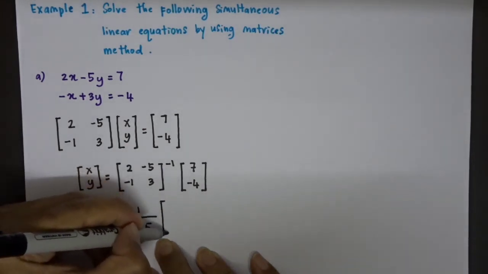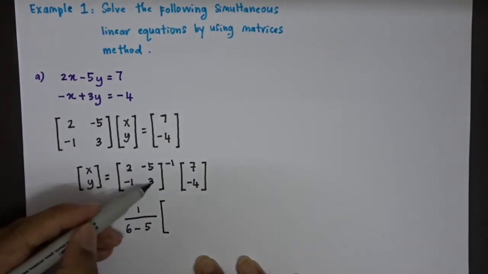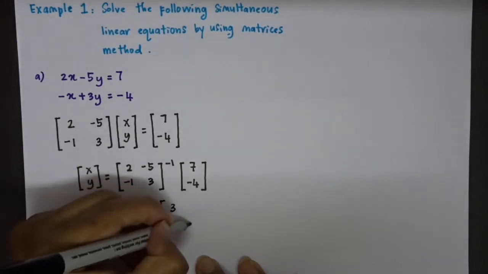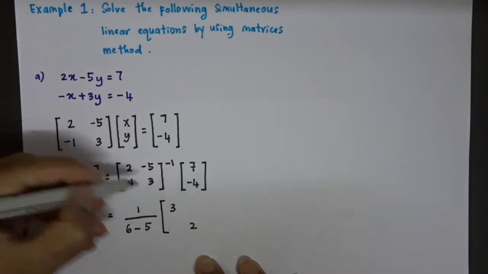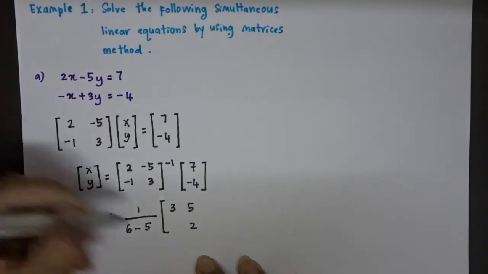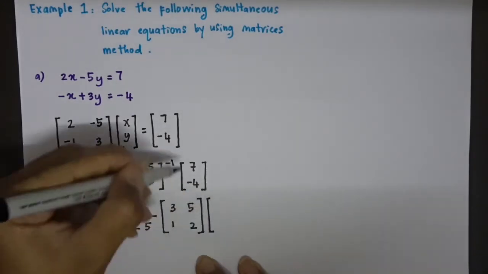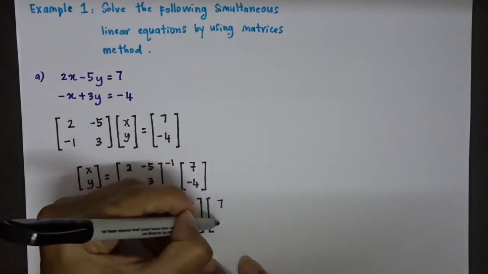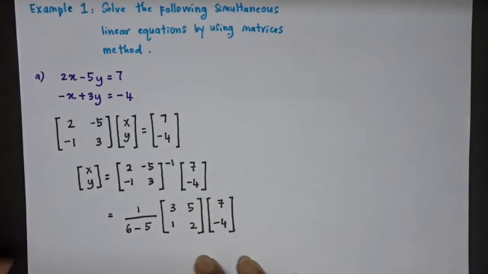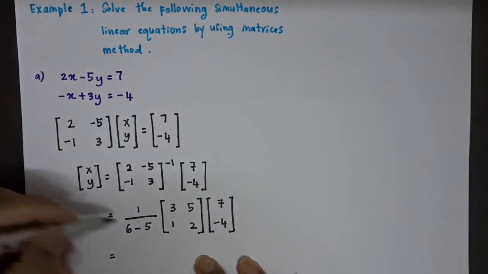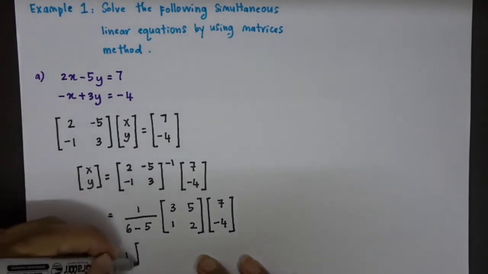Multiply. You swap the position between element 2 and element 3, and then switch the sign for negative 5 and negative 1, which become positive 5 and positive 1, multiplied by 7, negative 4. So now you have 6 minus 5 equals 1, 1 divided by 1 equals 1.